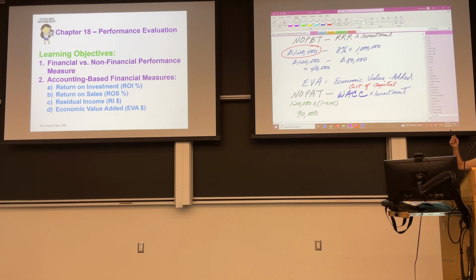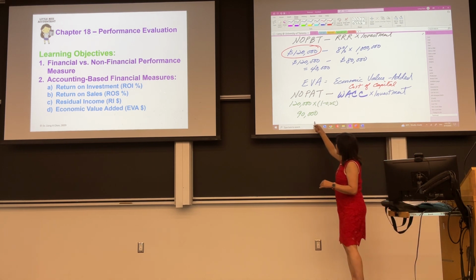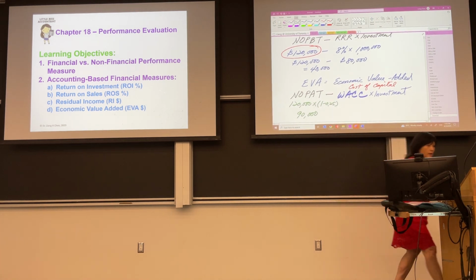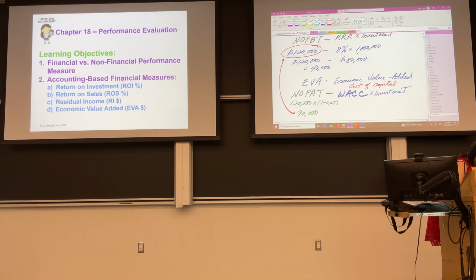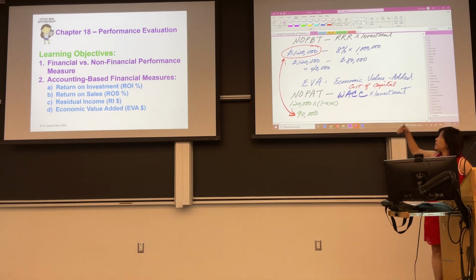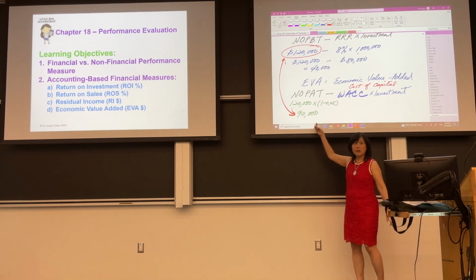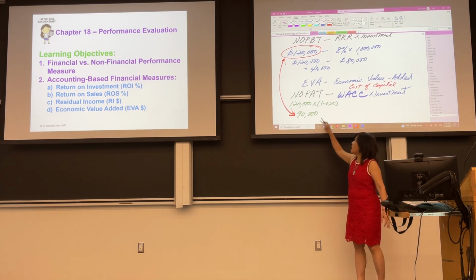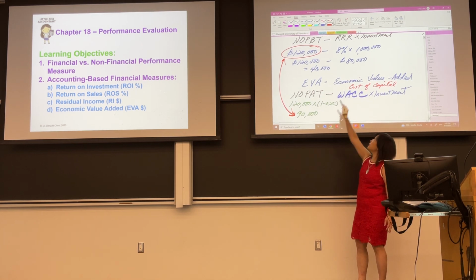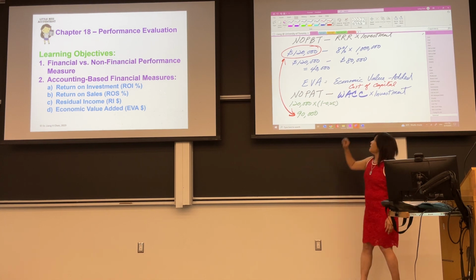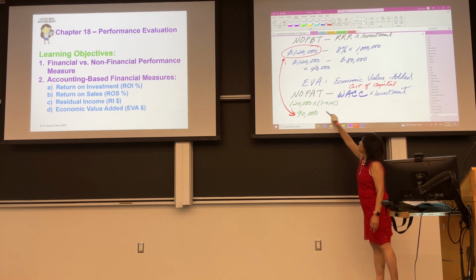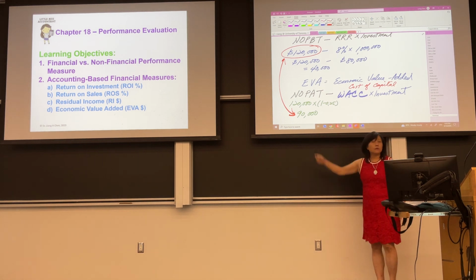Now I'm going to tell you, in the exam, if I give you this number and want you to calculate residual income, will you be able to convert backwards? Forward, backwards, will you be able to do it? If this is net income, after tax, and I want to figure out before tax, what do you do? Divide by 1 minus the tax. You bring it back. Before tax times 1 minus the 25% gives you after tax.